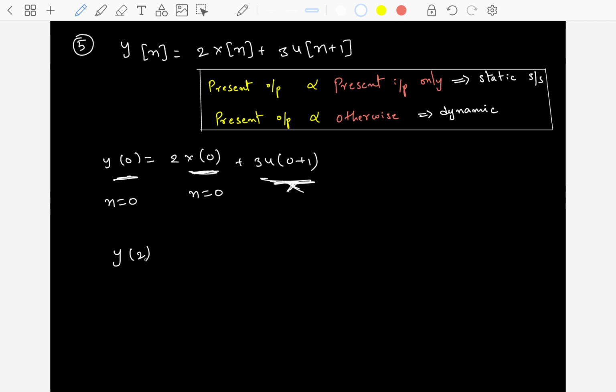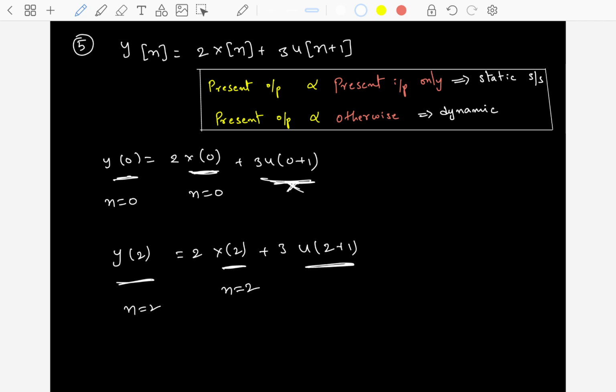Similarly, we take 2 into x of 2 plus 3 into u of 2 plus 1. Here the output is at n is equal to 2 and the input is also at n is equal to 2. This is the constant.